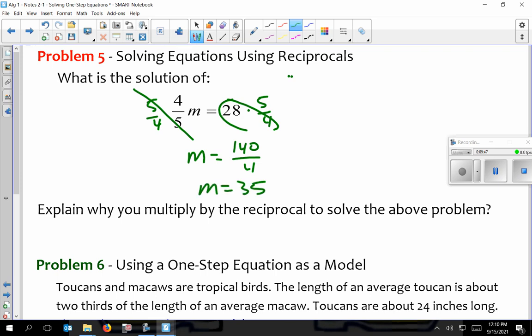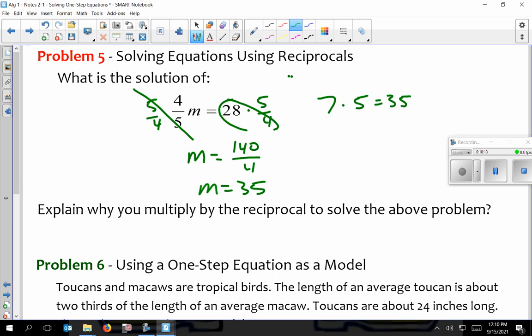So you could do it that way if you want. If I cross cancel, I get 7 times 5. That gave me 35 that way. So whatever way you feel comfortable with. All right. So that's how you do all those. You've got to identify what's going on by adding, subtracting, multiplying, and dividing. You've got to understand what the reciprocal is to be able to solve it.